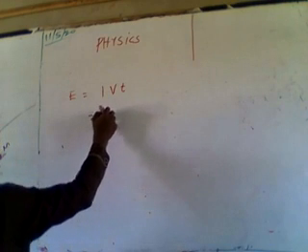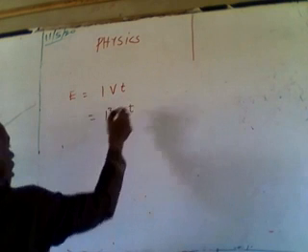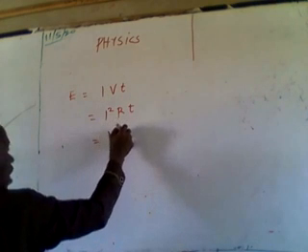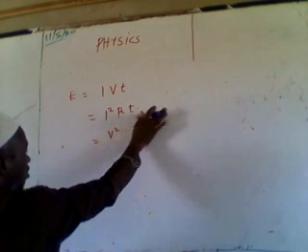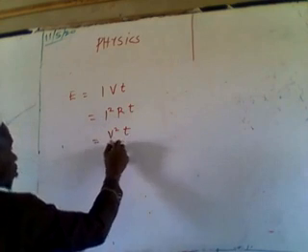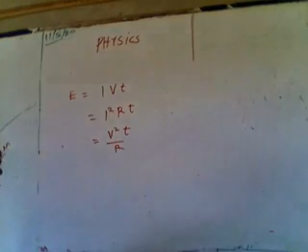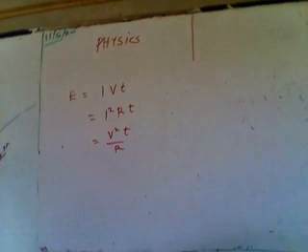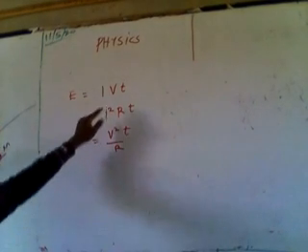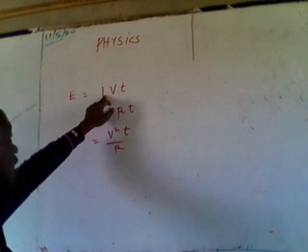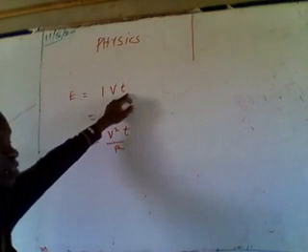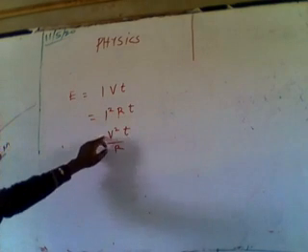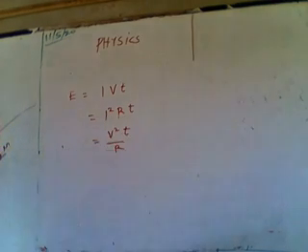We also have another one, I squared RT, and the third one, V squared T over R. All these formulas are used for calculating electrical energy. It is based on the questions you have been asked. If you are given current, potential difference and time, you make use of the first. If it is current, resistance and time, you make use of the second. And if it is voltage, resistance and time, you make use of the third.